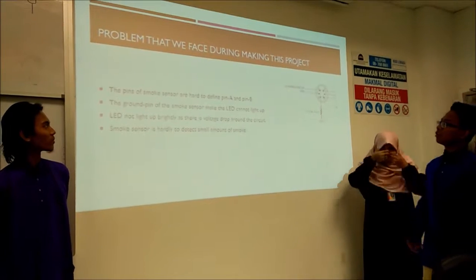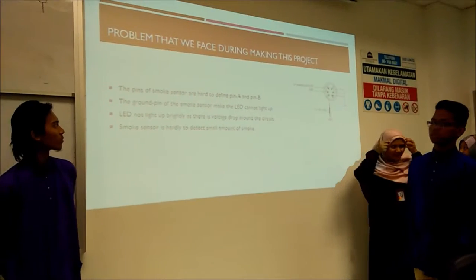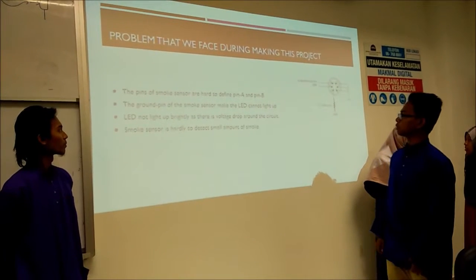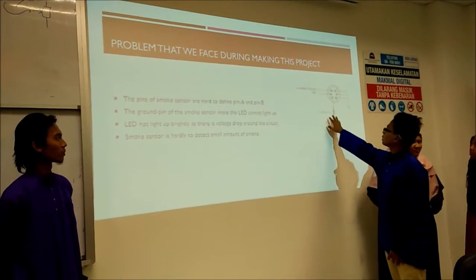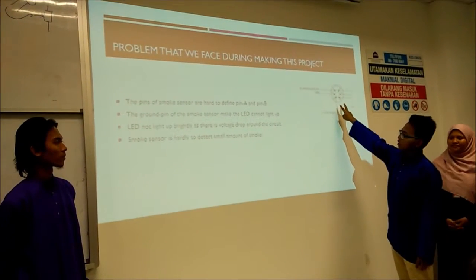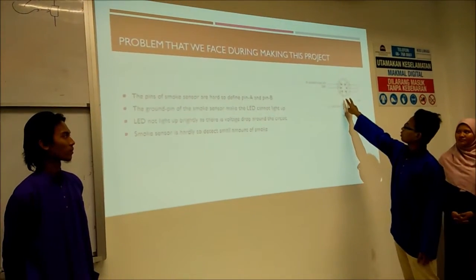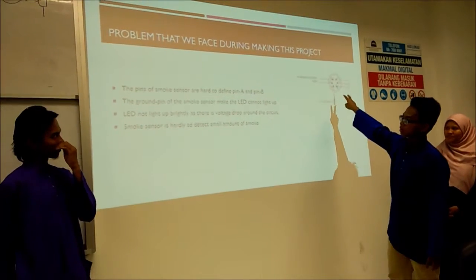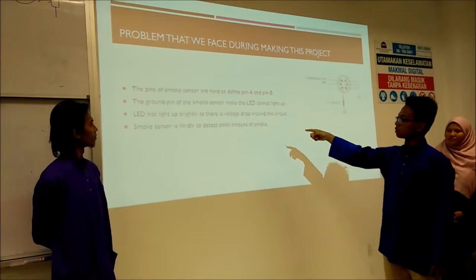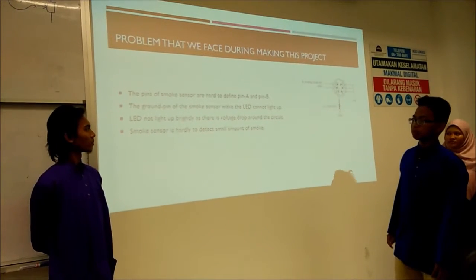Okay, the problems that we faced while making this project. First, the pins of the smoke sensor are hard to define, pin A and pin B. As you can see here, these are the smoke sensor pins. Initially we had difficulty defining which is pin A and which is pin B because there is no indication. Then the ground pin of the smoke sensor made the LED unable to light up.